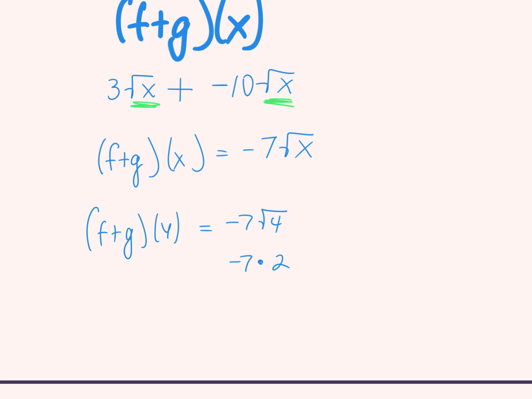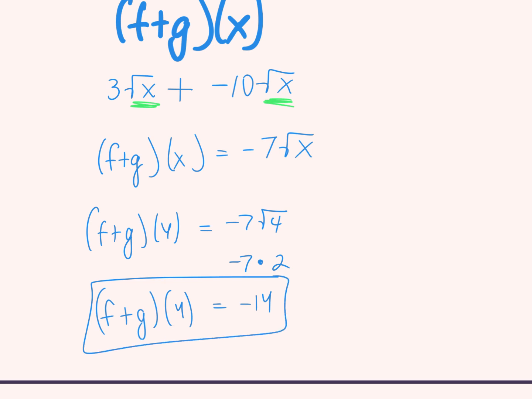So -7 times 2 is, what is it? -7 times 2 is -14. Do you see the two different answers here? When you have a number that you are plugging in for x, you have a numerical answer. If you have an x here, it's saying, hey guys, leave your answer in terms of x.